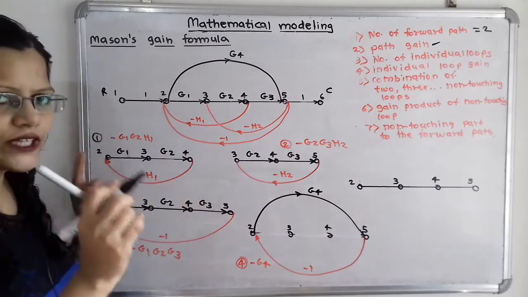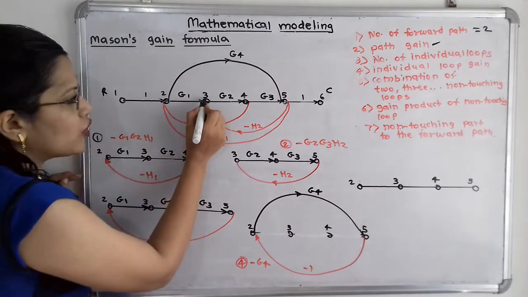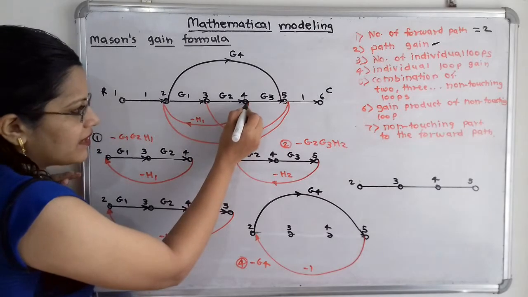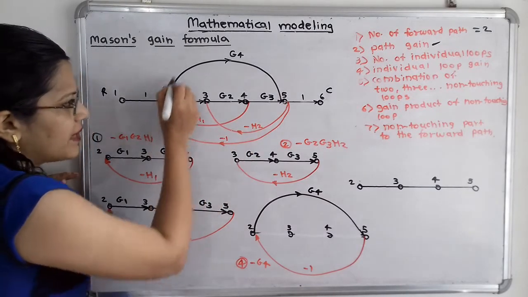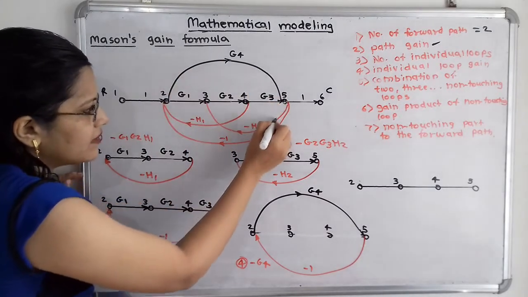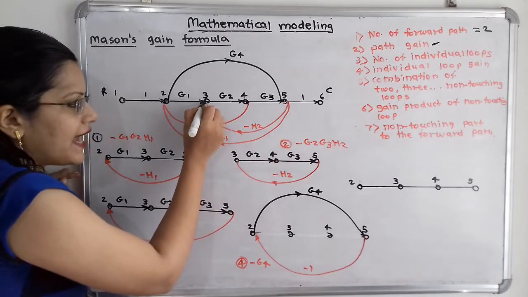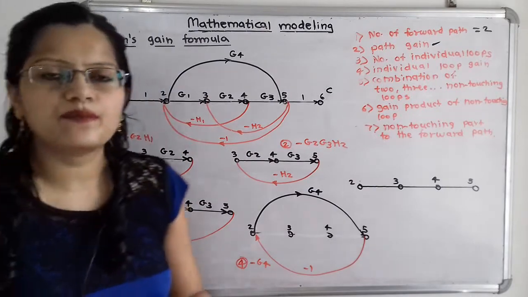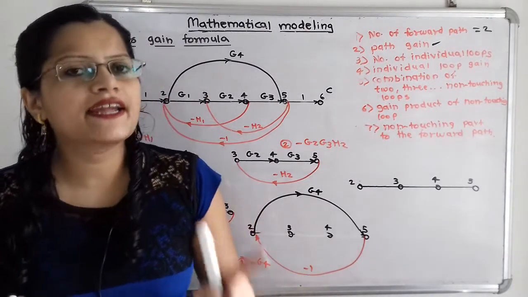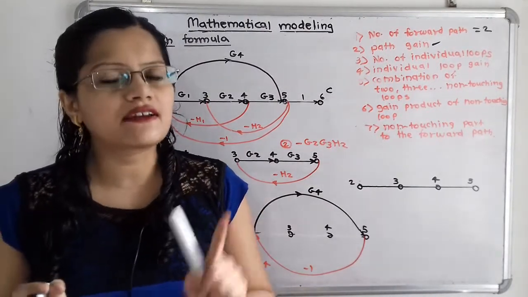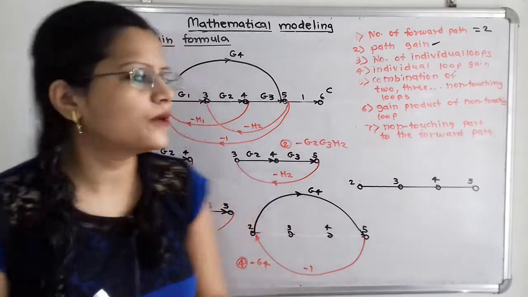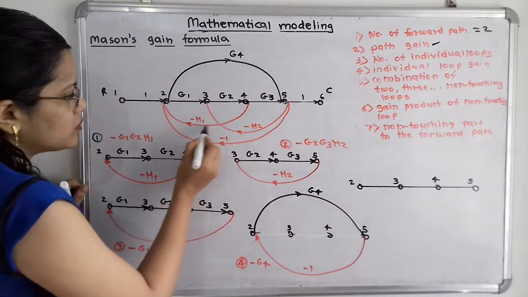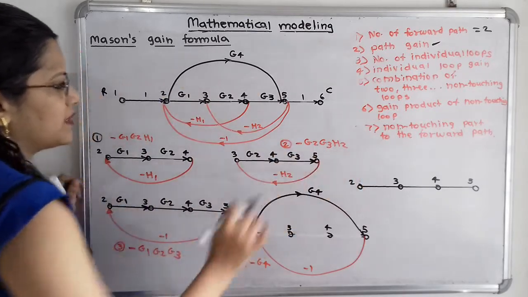So if we start the loop at node 3, then there is a forward path, then a feedback path, again a forward path, and then the feedback path ends at node 3 only. That is, for this loop the start node and end node are the same. So we can consider this as a loop. This is complicated, but we will show this total loop separately.